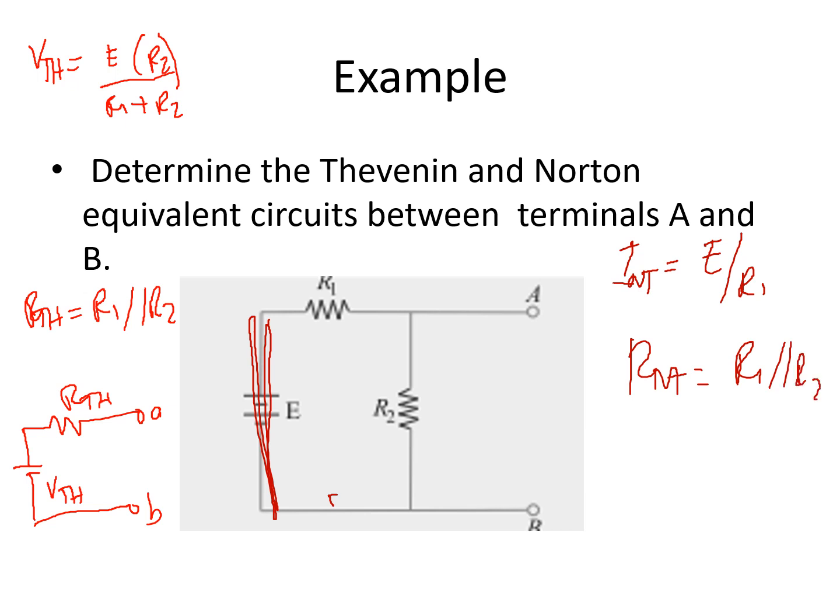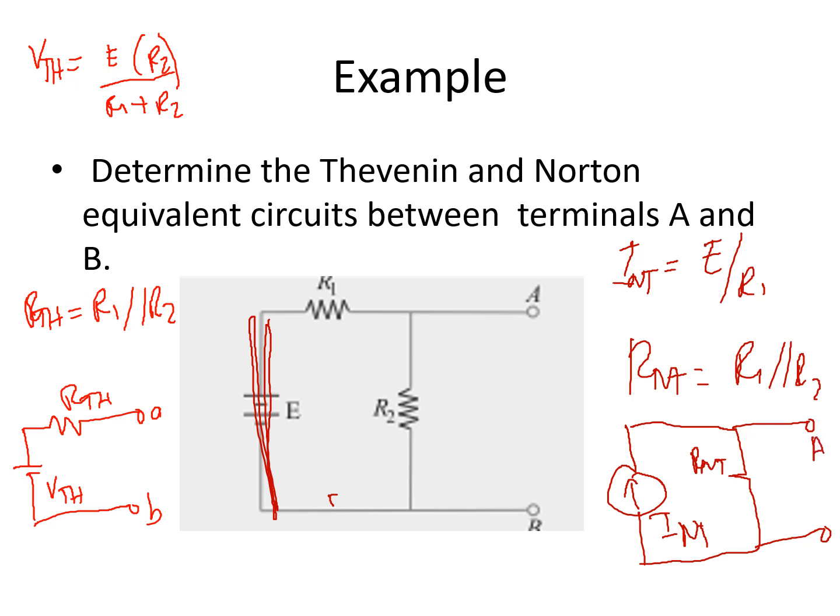And then we redraw. When we redraw, that is a short circuit current, so we call this your I_NT in parallel with your R_NT, and these are your terminals A and B.